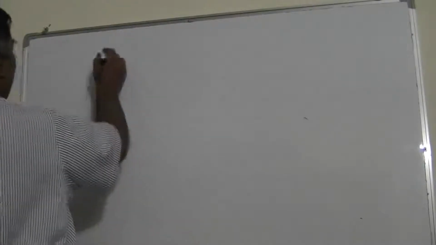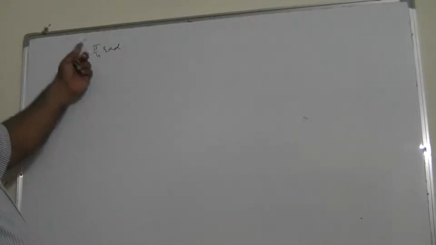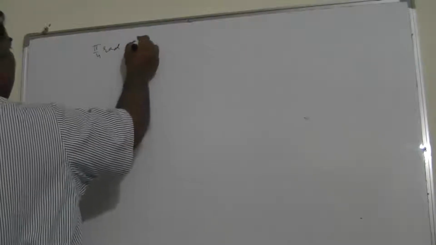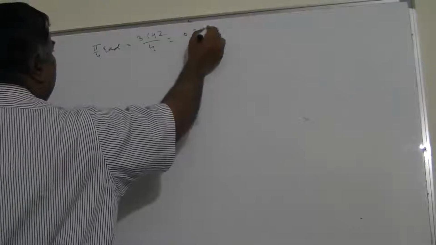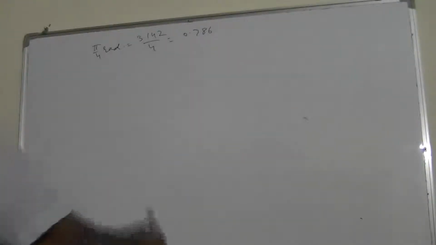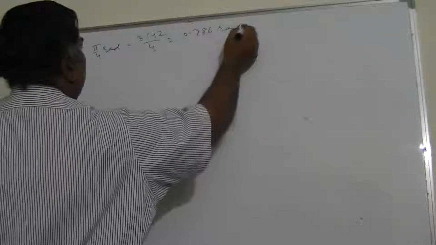For example, if I have pi upon 4 radians, how many degrees is that? Actually, in physics, values are not given in pi, values are given in decimal fractions. So pi is 3.142 divided by 4, which is almost 0.786 or 0.785. So this pi over 4 radians, 0.786 radians, is equal to how many degrees?